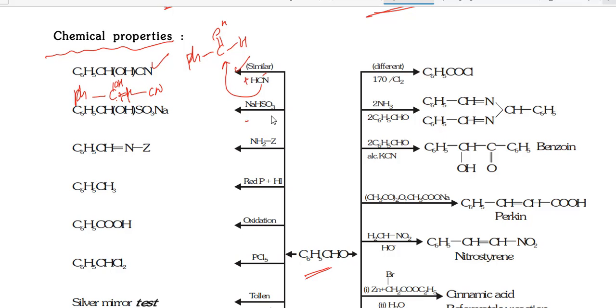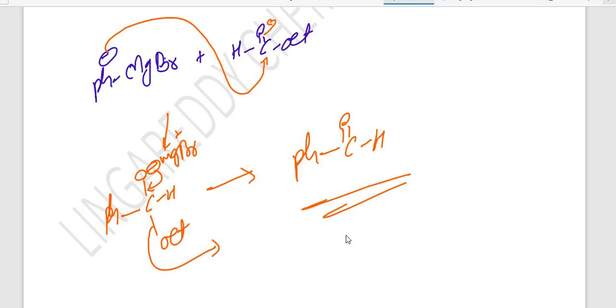Okay, next NaHSO3, the mechanism is the same. Na plus and HSO3 minus, initially it is forming, I will show you the mechanism again.